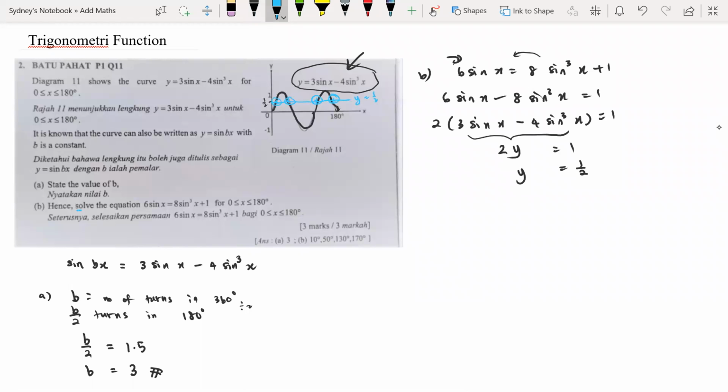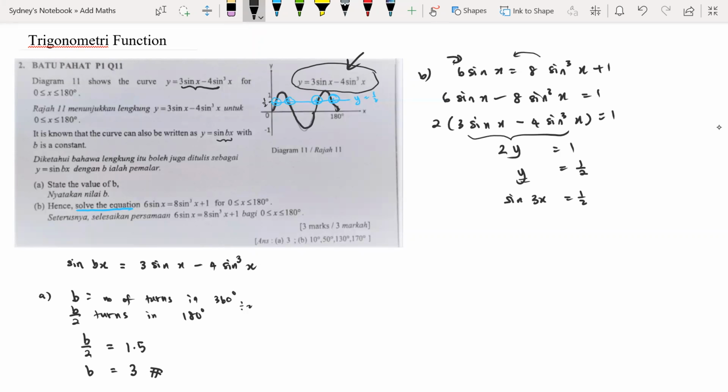But the question says solve, which means we have to find the exact value. How do we find the exact value? Remember, right from the start, the graph is represented by 3 sine x minus 4 sine cube x and also sine bx, and we have found b to be 3. It means I can replace y with sine 3x.